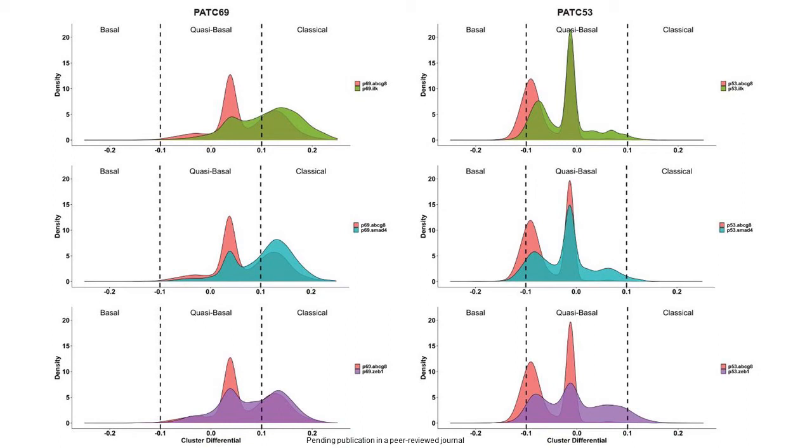However, with PAT69, for each of the three knockout conditions for ILK, SMAD4, and ZEB1, you're seeing a loss in the percentage of cells that are falling within this quasi-basal state, and a gain in the number of cells that are falling within the classical state, suggesting that the knockout of these three genes is not just impacting the basal population, but it's also causing a reversion of quasi-basal cells to a classical state.